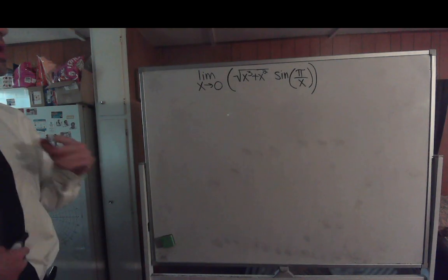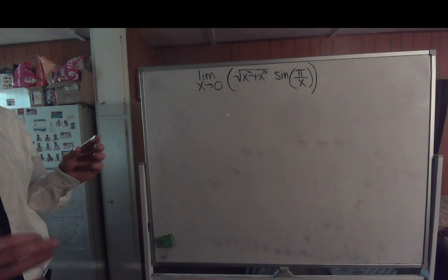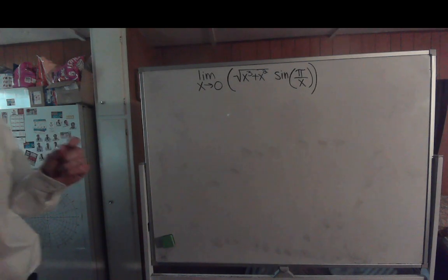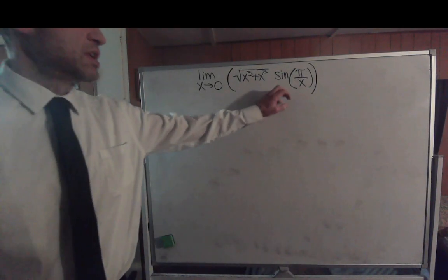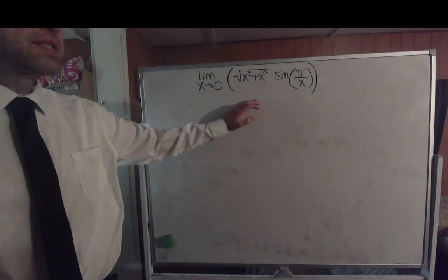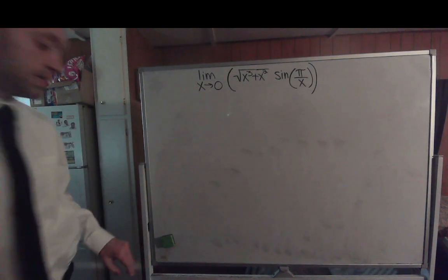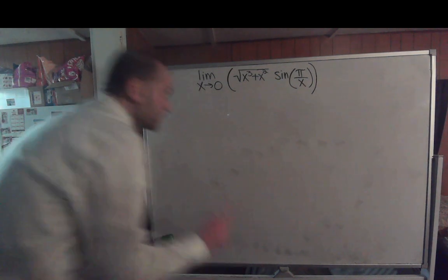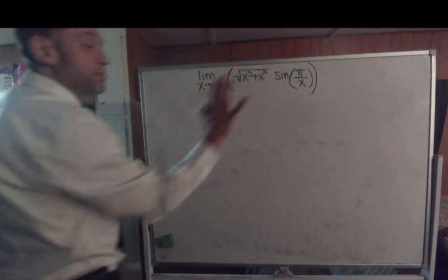Well, this is a perfect example of how to apply the squeeze theorem, because you're going to think that if you take pi over 0, the limit's not going to exist there, right? The squeeze theorem is a very good thing to use for this. So the first thing you want to do is deal only with the sine of pi over x.